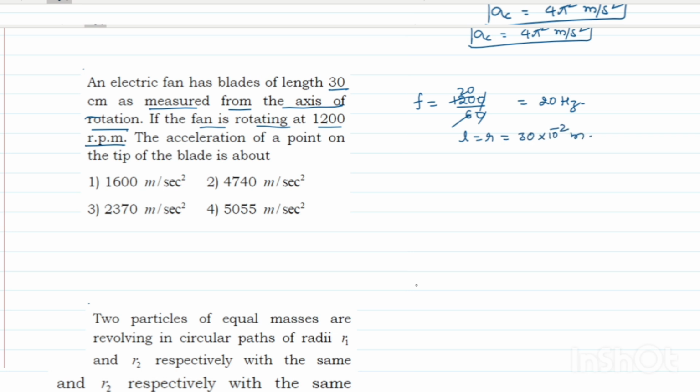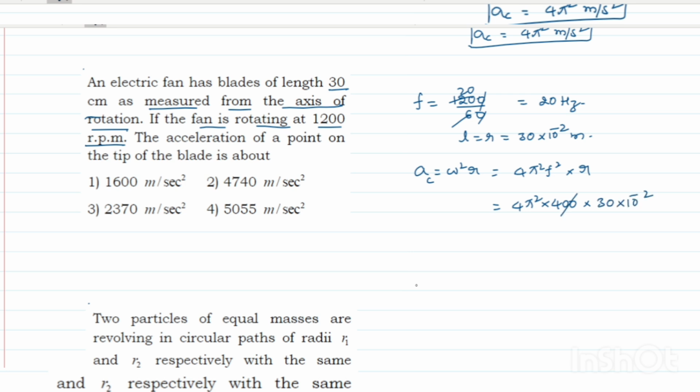Now they are asking for the acceleration of the point. In terms of angular velocity, a equals omega square r. Omega square is 4 pi square f square, into the radius. It's nothing but 4 pi square into f, which is 20, squared, into the radius value, which is 30 into 10 power minus 2.